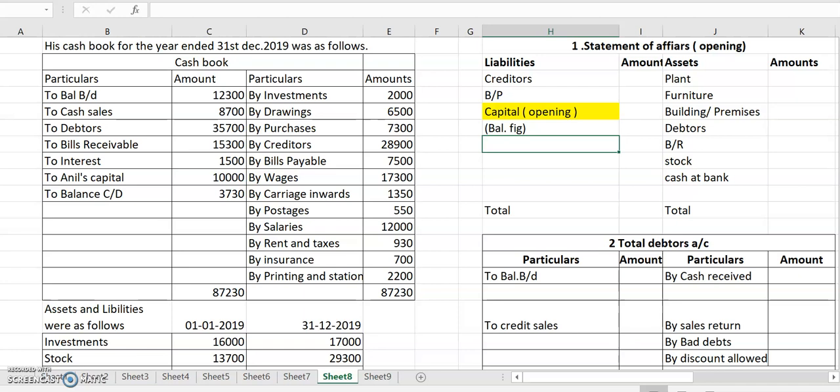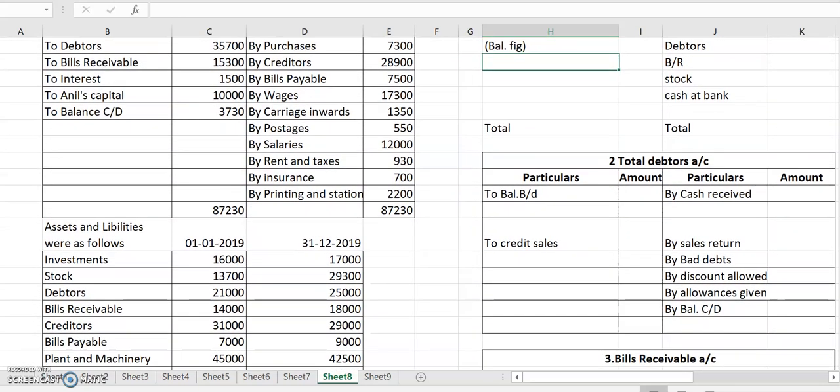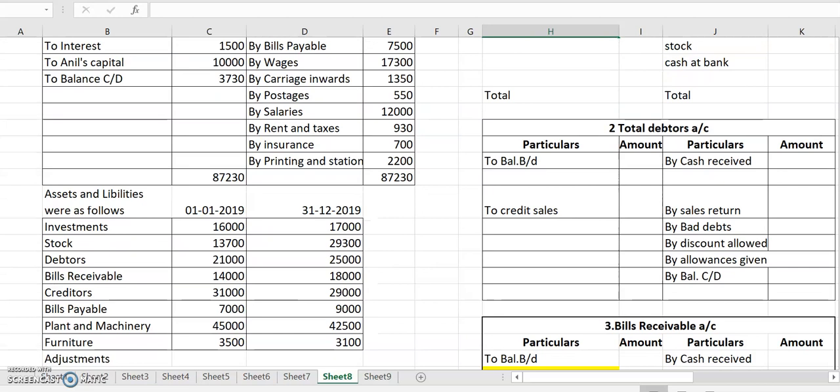And now we are converting the single entry system into the double entry system, and that's why we have to refer to some opening balances and closing balances. Here we discuss some headings. Investment 16,000, stock 13,700. As you are aware, the date is showing 1/1/2019, which means it is the opening date of your books of accounts.